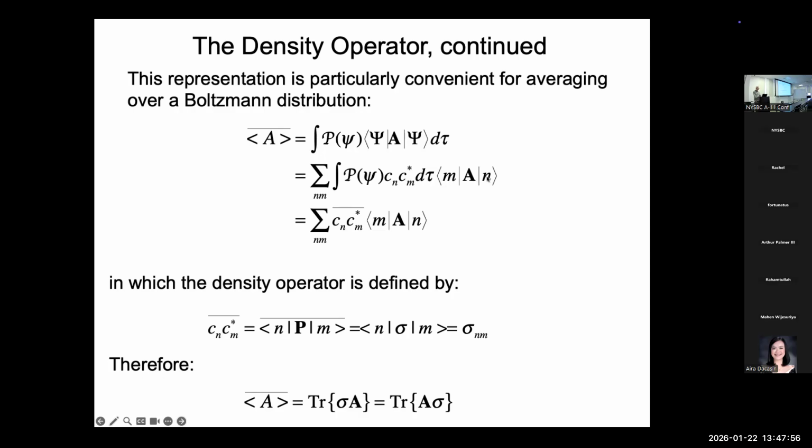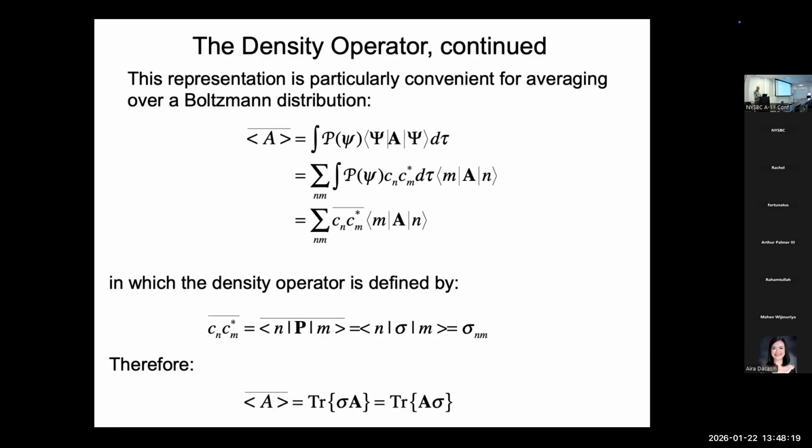Given a set of functions, the bras and kets, and given the wave function, this part is independent of the Boltzmann averaging. The Boltzmann averaging just affects the relative weighting of the different contributions in this summation.